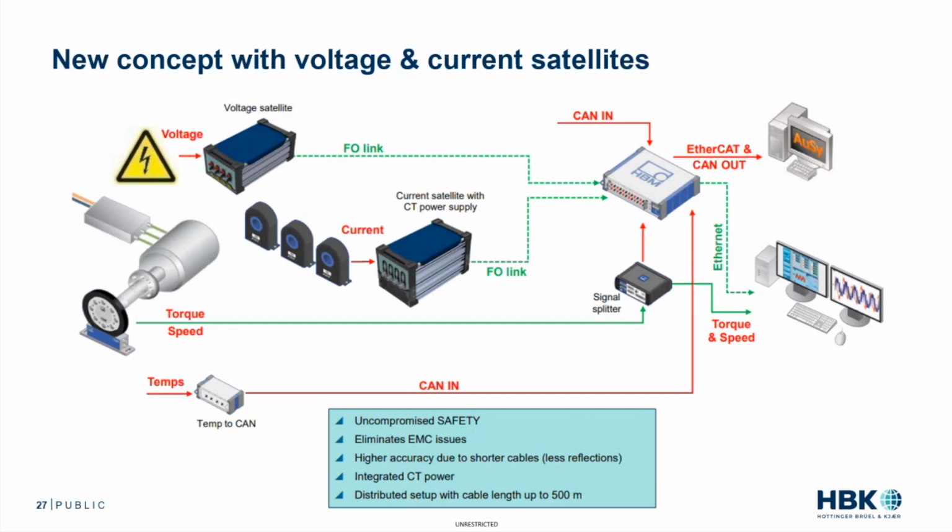So this distributed setup, with cable lengths maybe up to 500 meters, because the fiber optic cable length really is not a major concern. And even if you have different cable lengths, you want to have a system here that will automatically account for any delays that you may have in your fiber optic cables.